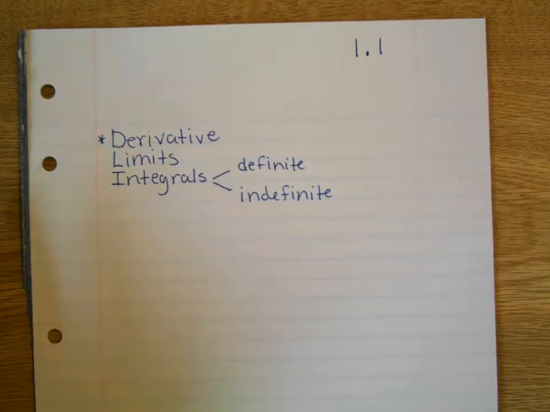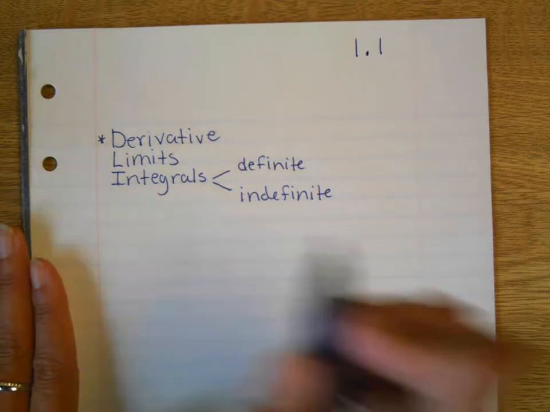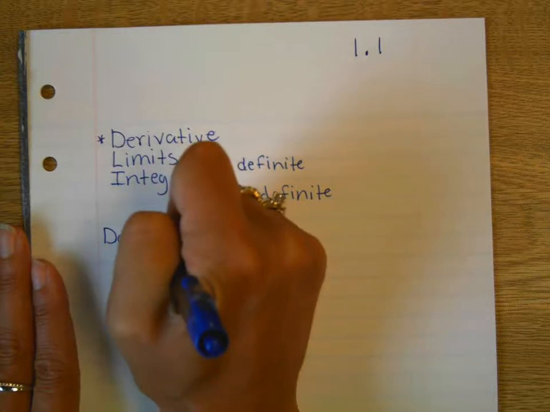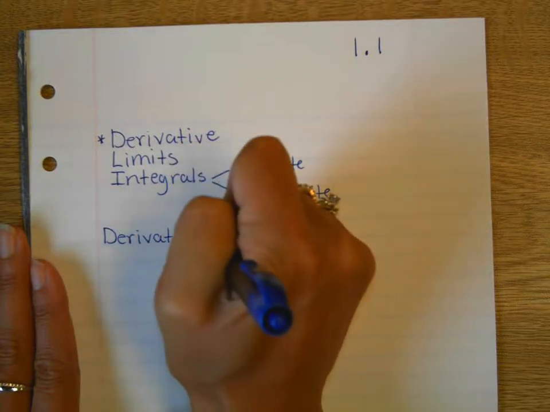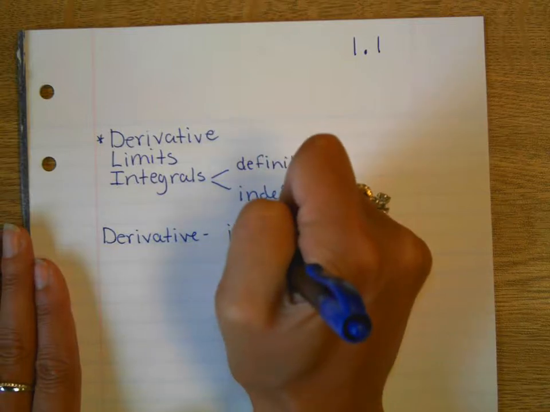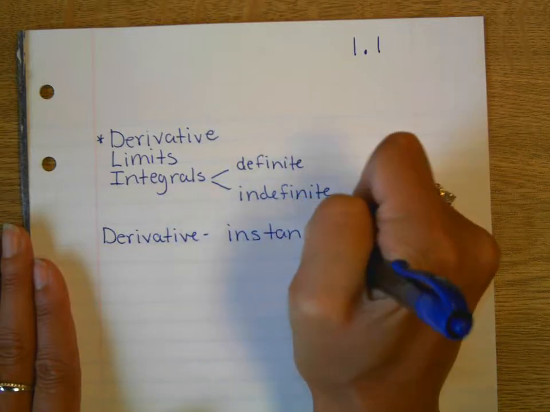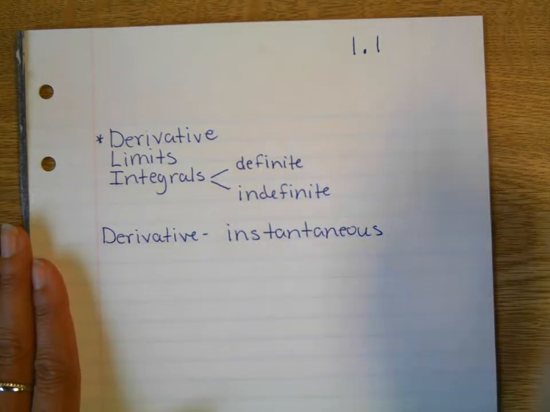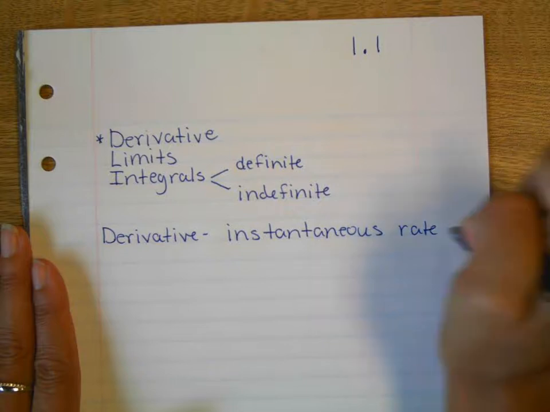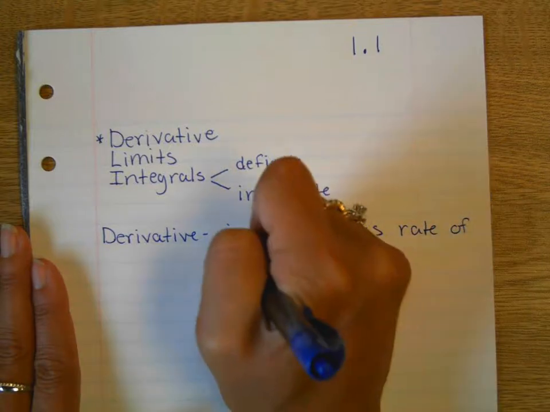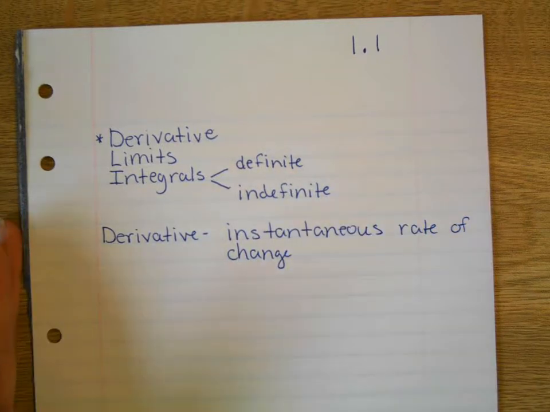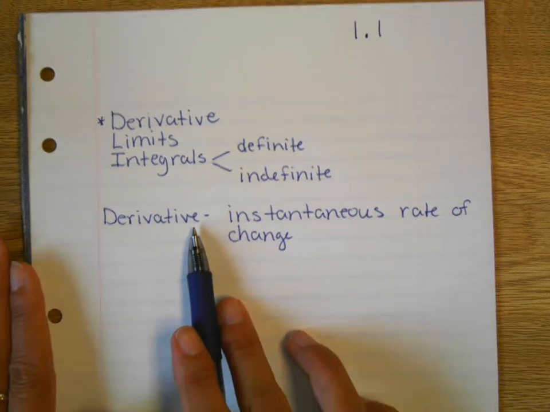What a derivative is, is an instantaneous rate of change. And when we talk rate of change, we're talking about how fast something is changing at a given instant.